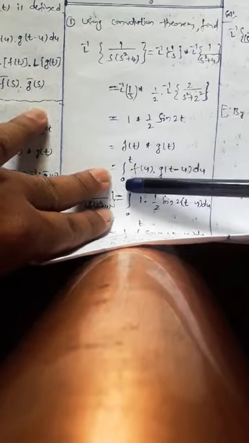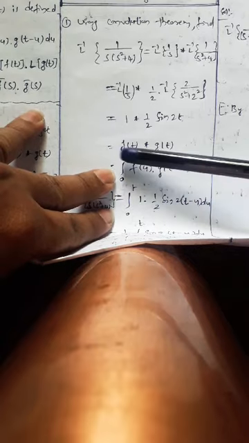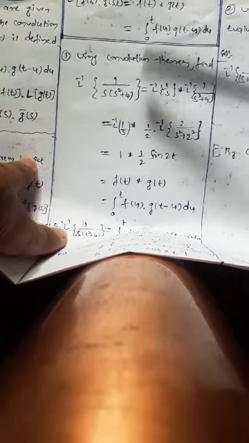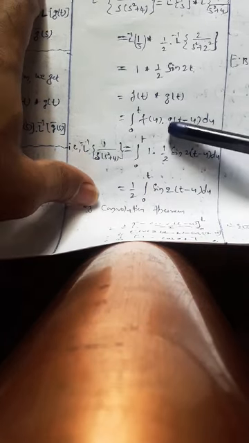Now we have to apply the convolution theorem formula, where f of t into g of t is equal to integration of 0 to t f of u g of t minus u. This equals integration of 0 to t. What is f of u? In place of f of t, f of u, we have the constant 1, into g of t minus u.